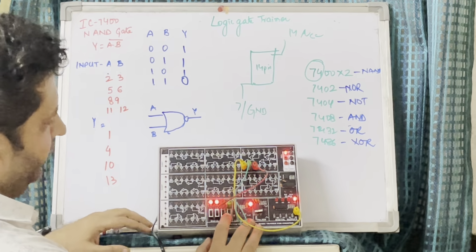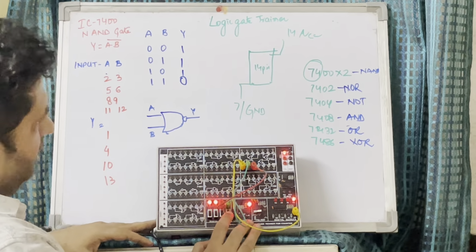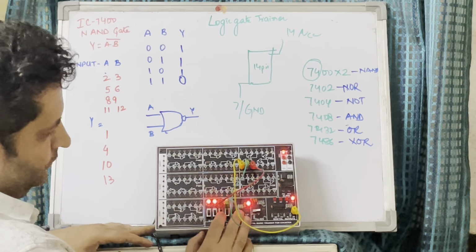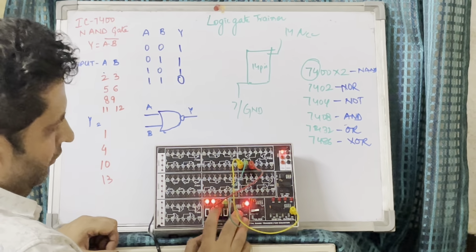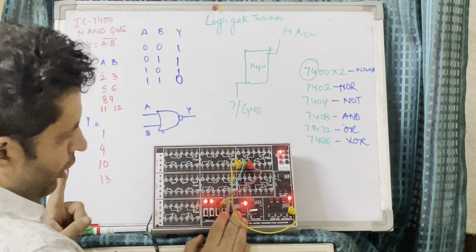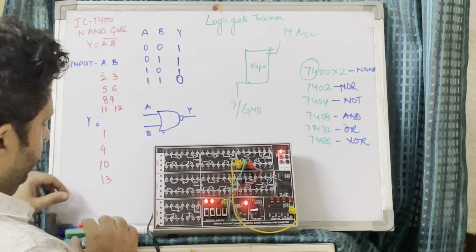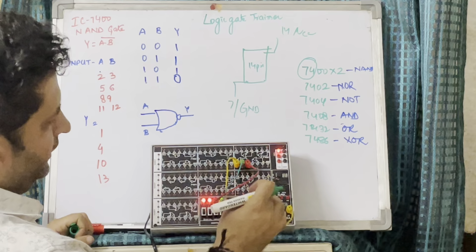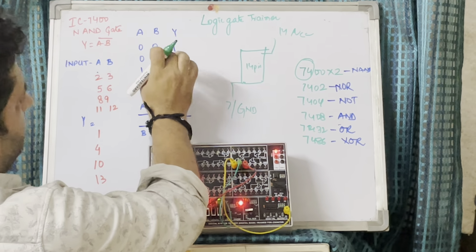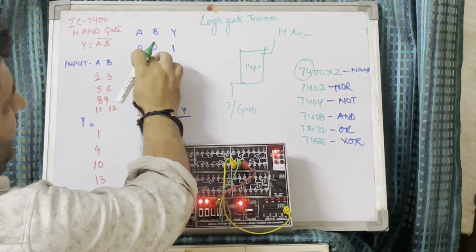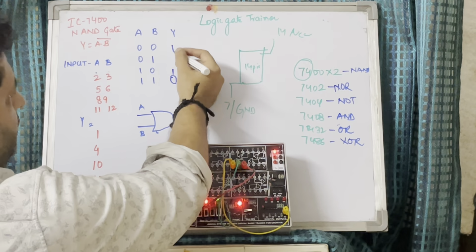Now first of all, with 0, 0 the output is 1. Now we are doing the second condition where A is 0 and B is 1. The output is 0.